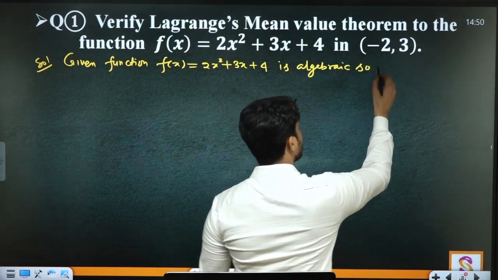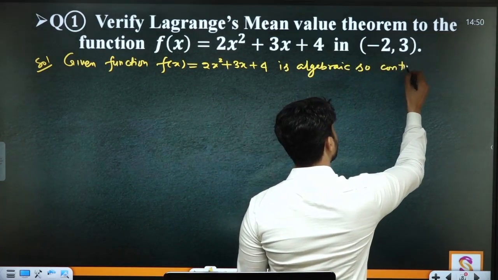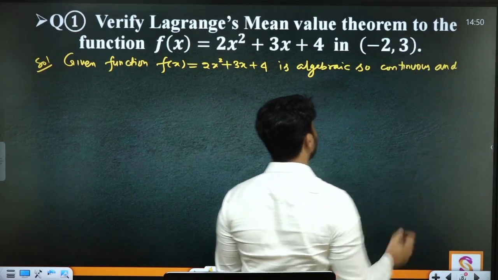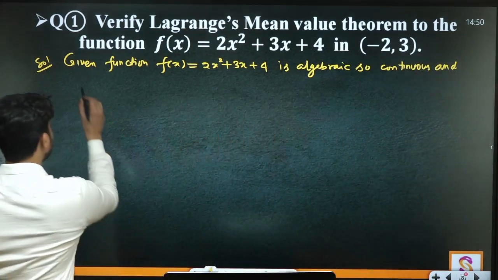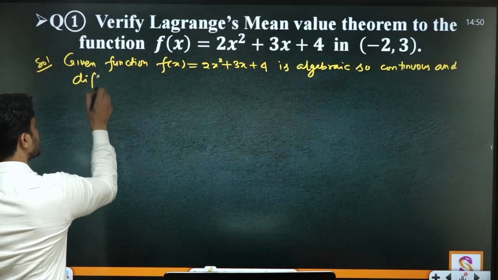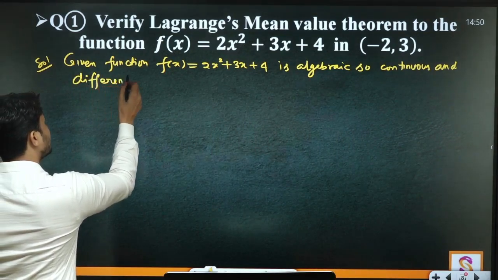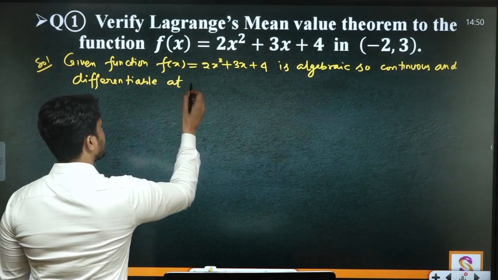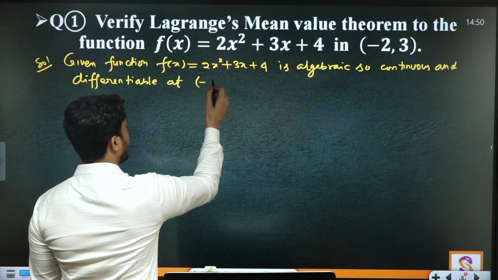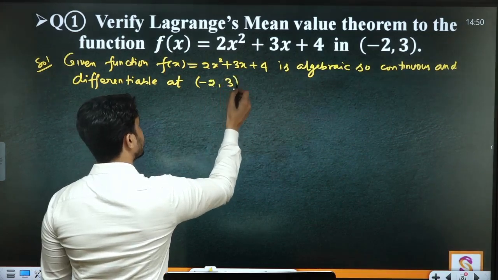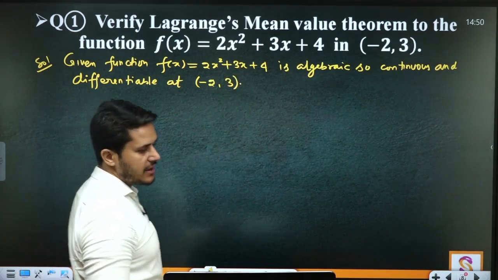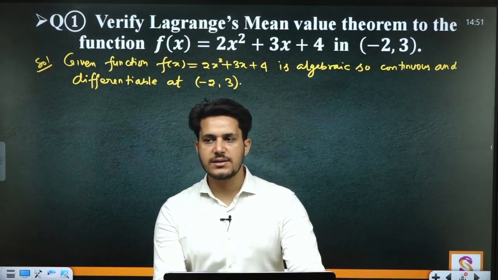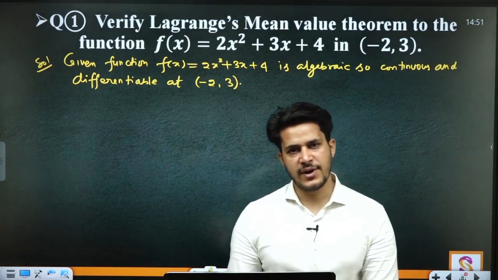So continuous and differentiable at the interval -2, 3. ठीक है, इसमें कोई सिंगुलैरिटी नहीं है, मींस डिनोमिनेटर नहीं है जो 0 हो सके और जिसकी वजह से कोई फंक्शन इनफाइनाइट हो जाए.